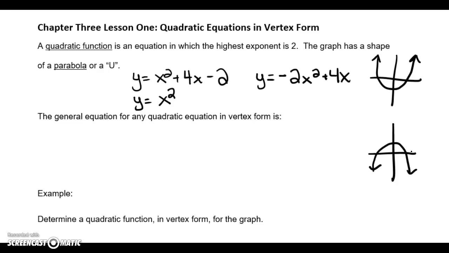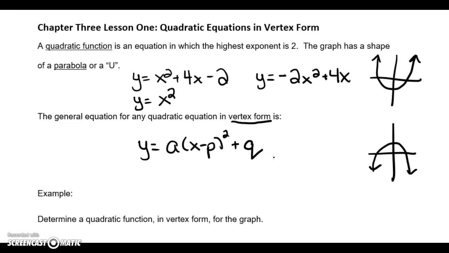So we have a general equation for any quadratic equation in vertex form. We're going to come up with a few names throughout this whole chapter and give you different types of equations, and the one we're going to look at is vertex form. The general equation is y is equal to a times x minus p squared plus q.